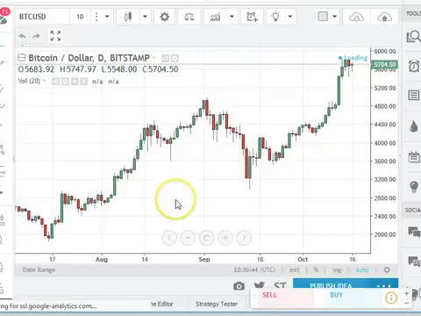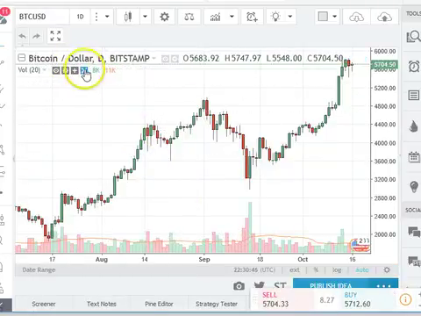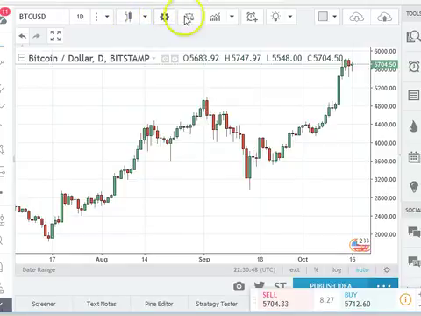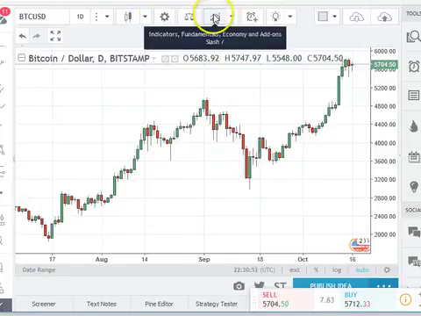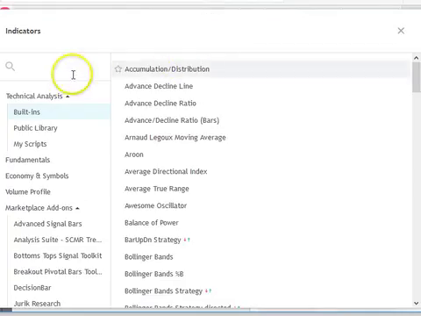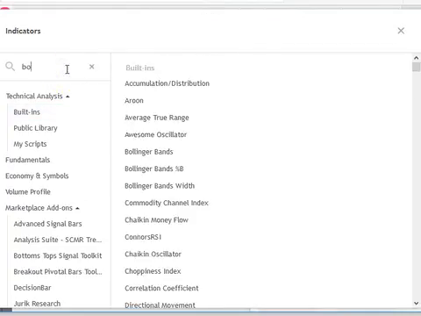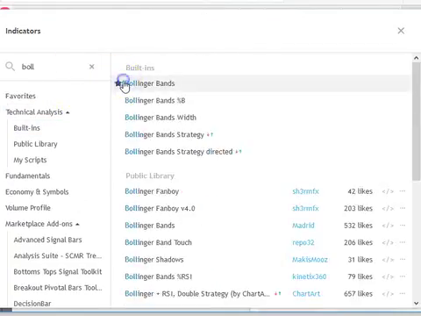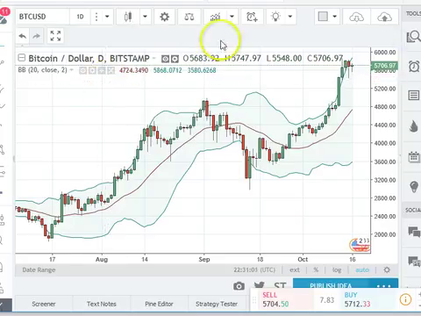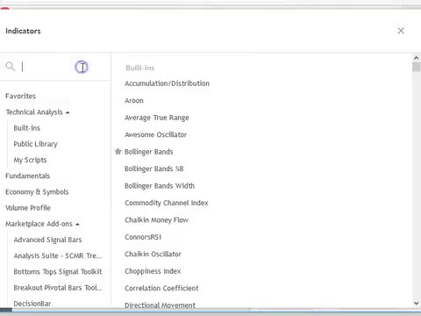So I guess the chart completely reset, which actually is a good thing because I'll show you how to set up the Bollinger Bands again. So we're adding 2 sets of Bollinger Bands. That's one set. We're going to add in another one.